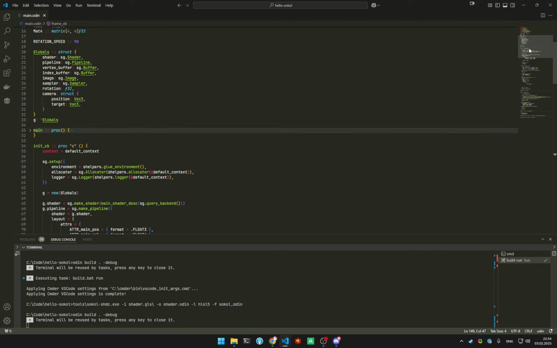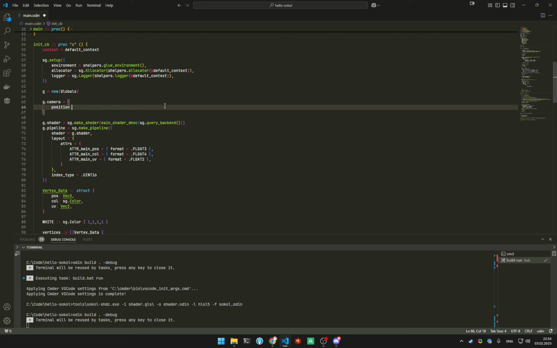So when we initialize the application here, we can just set up our camera to be something like a position should be, let's say, a little bit to the back, like 2 meters back, and the target at which it looks would be 0, 0, 1.